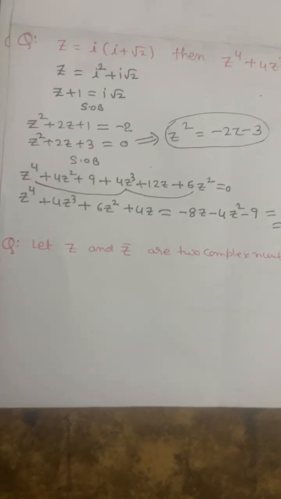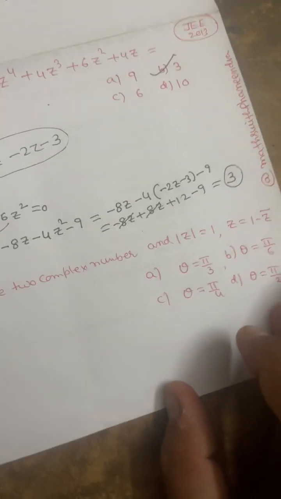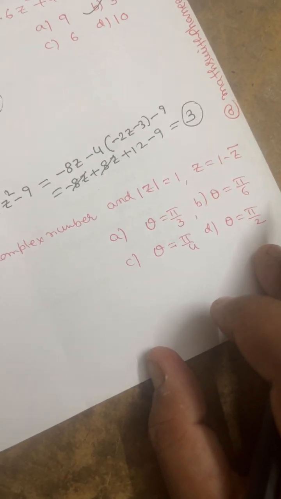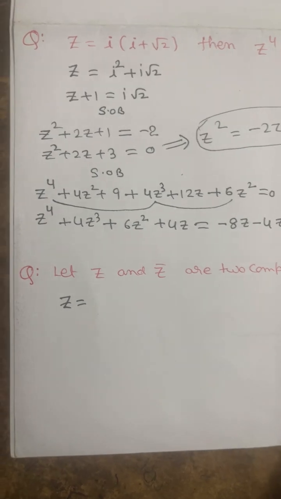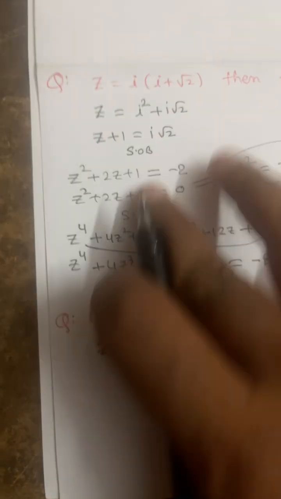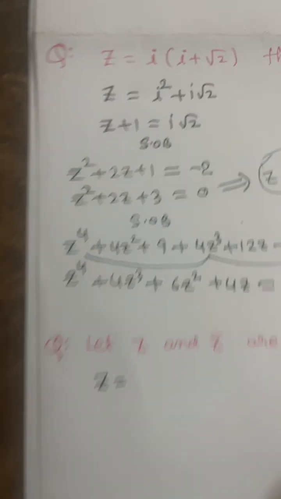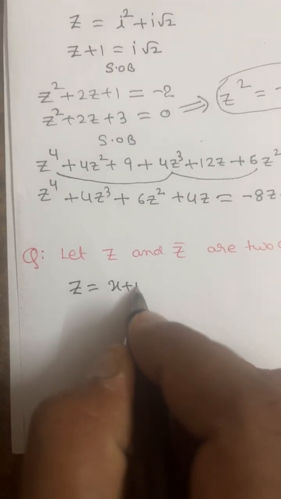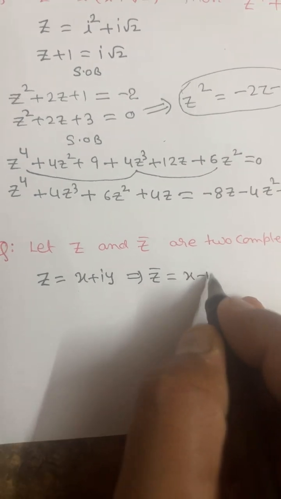So now move to the next question. Let z and z bar be two complex numbers and mod z is equal to 1. Z is equal to 1 minus z bar, then theta equal to. So the options are given. So z is equal to, we know that, x plus iy. Okay, so obviously z bar comes x minus iy.